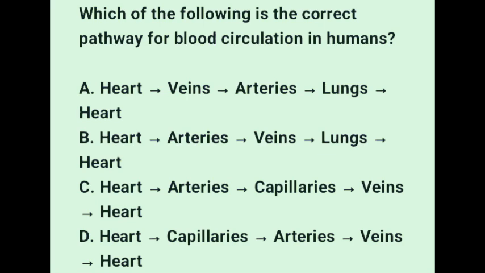C. Heart to arteries, arteries to capillaries, capillaries to veins, veins to the heart. And option D. Heart to capillaries, capillaries to arteries, arteries to veins, and veins to heart. The correct option there is option C. Heart to arteries, arteries to capillaries, capillaries to veins, and veins to the heart.